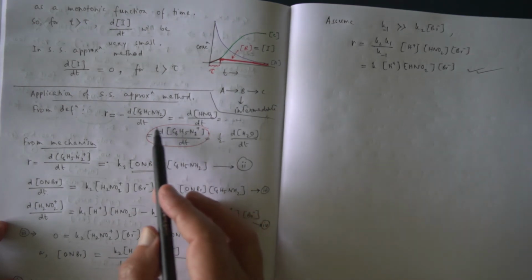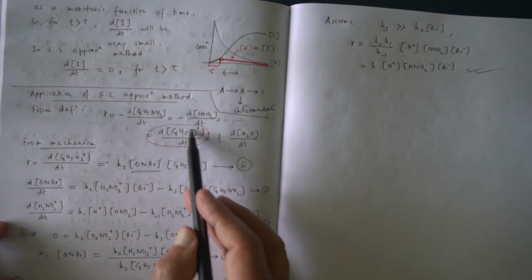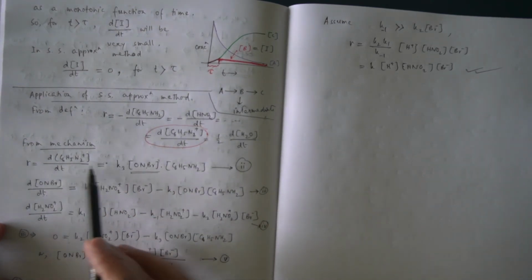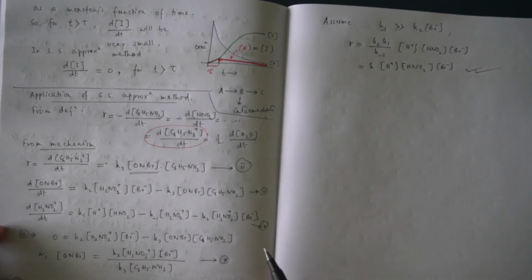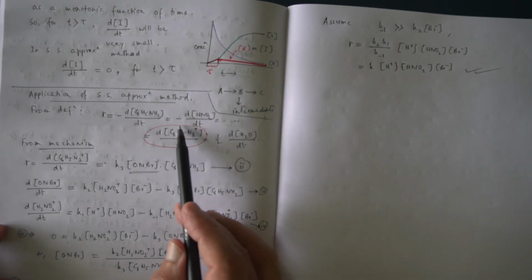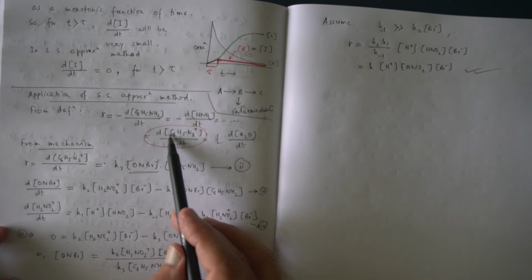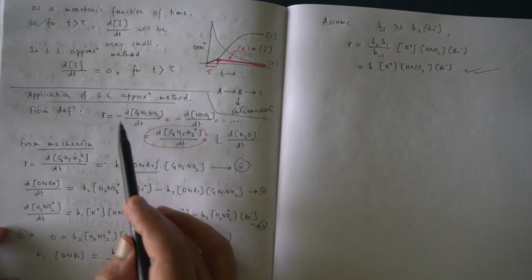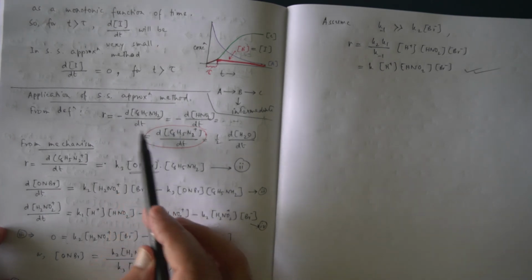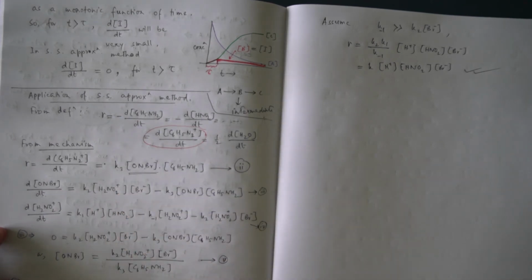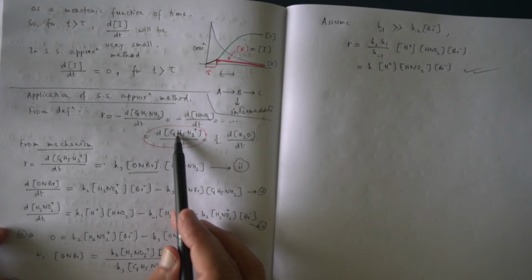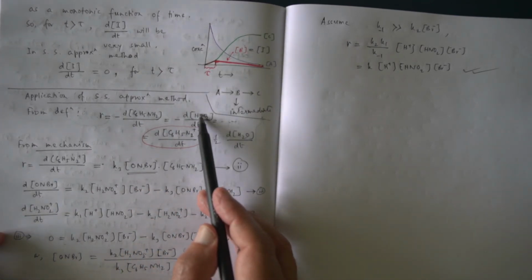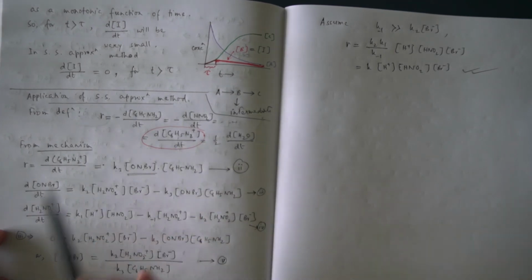Then for any one species, I write the expression. Not necessarily any one; I have taken this one just to avoid the minus sign. I have taken the product. You can take this also, no problem, but for convenience I have taken this.